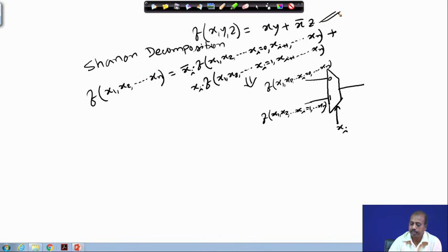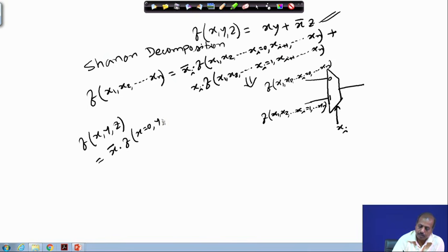If we decide that we will decompose it around a single variable, say x, then f of x y z can be written as x bar into f, where I put x equal to 0, y z, plus x into f x equal to 1, y z. This is from the definition of Shannon decomposition. Now, in this function, if I put x equal to 0, what you get is z.